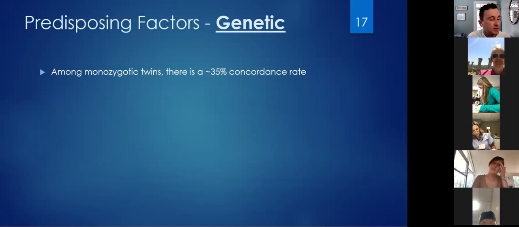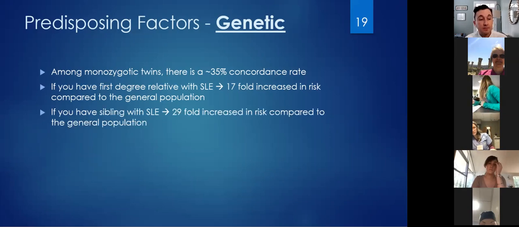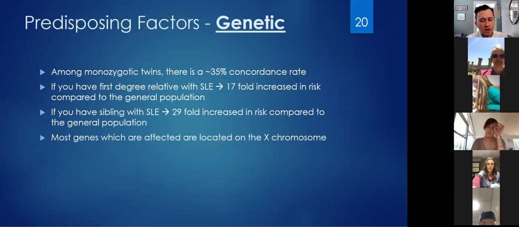Even before we discovered DNA, we knew that there was a 35% concordance rate among twins who had lupus. If you had a first-degree relative with lupus, you were 17 times more likely to have the disease compared to the general population. If you had a sibling with it, you were nearly 30 times more likely to have the disease. So we were able to put all this together before we started looking at the genome.